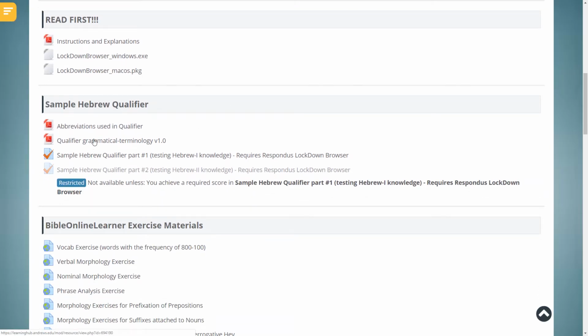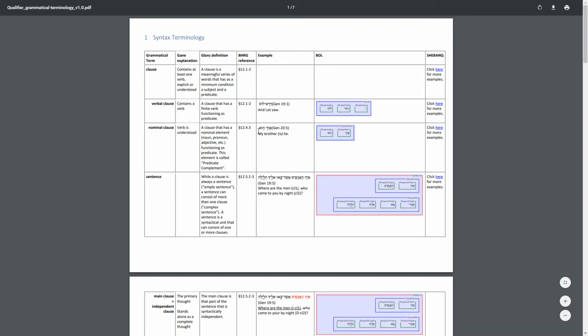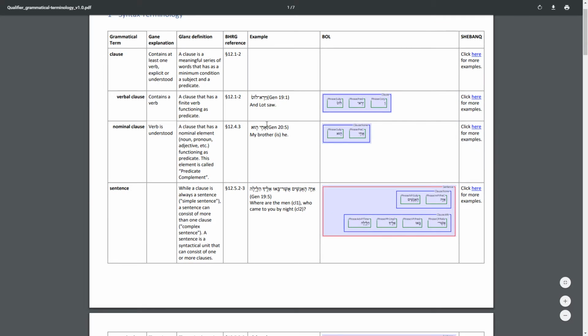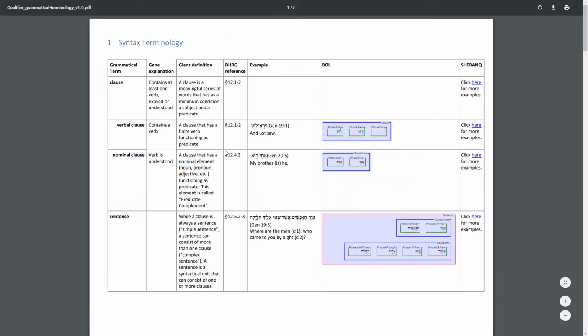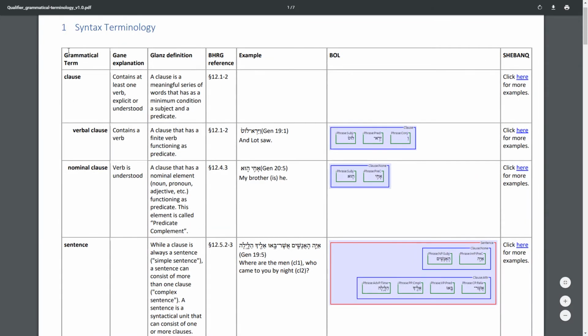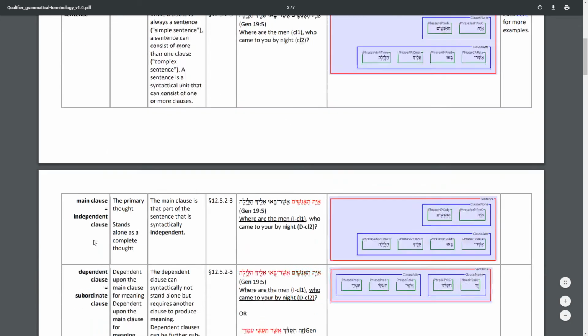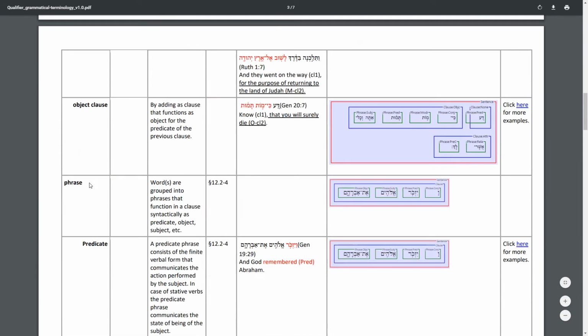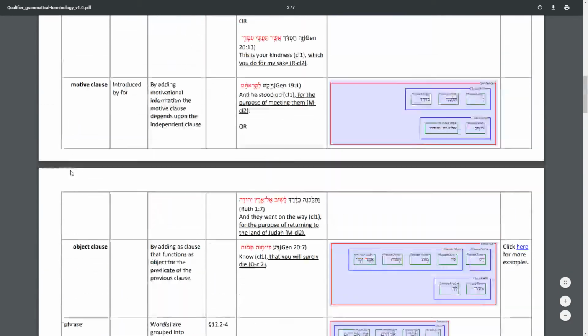And then finally, there is a longer PDF that explains grammatical terminology that we assume you know, or your students know, when they come to the seminary. Here you have the grammatical term, for example, clause, verbal clause, nominal clause, sentence, motive clause, object clause, predicate, subject, and so on.